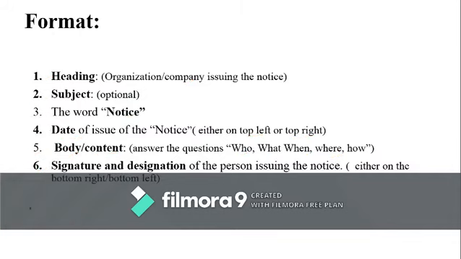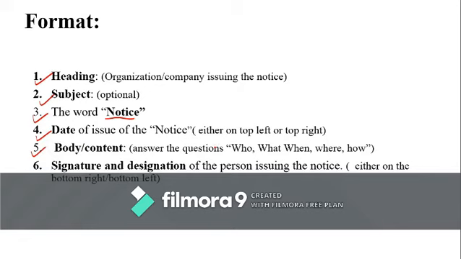So I repeat, first you must mention the heading, the name of the organization, institute, company from where the notice is being issued. Secondly, of course, the word notice, and thirdly, subject may or may not be mentioned, and fourthly, the date of issue of the notice. Next, the body or content part of the notice.